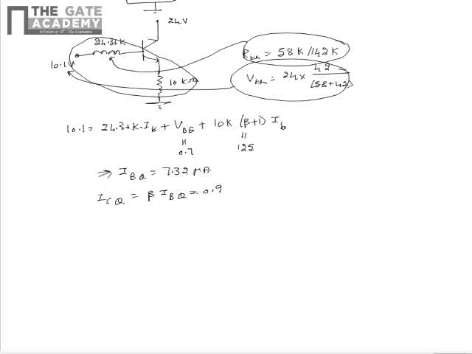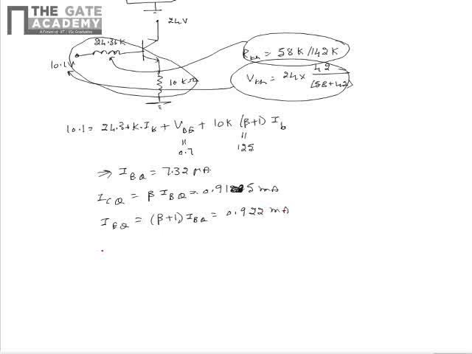From the given data, this is 0.915 milliampere. Hence the current IEQ can be obtained as beta plus 1 times IBQ and this gets simplified as 0.922 milliampere.